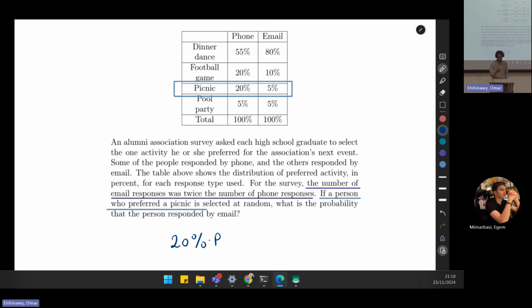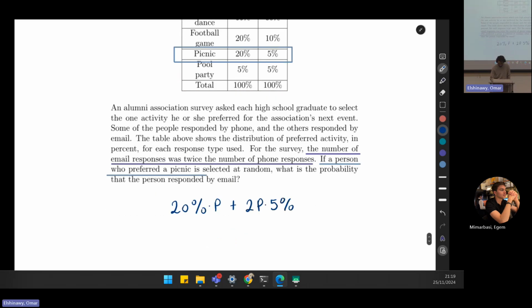Then for each person who replied by phone, we had twice the same amount of people who responded by this 5%, if that makes sense. So the total is what? Yes, this is 20%, but the weight it carries is different.